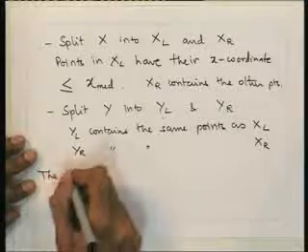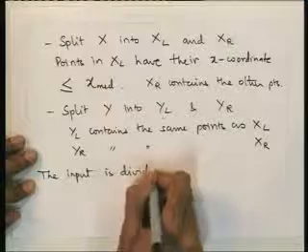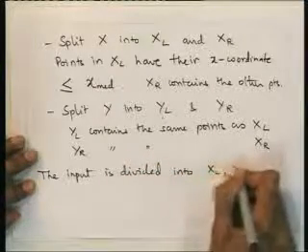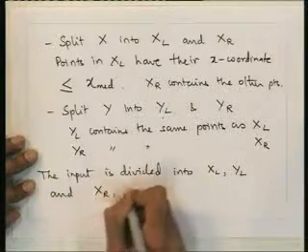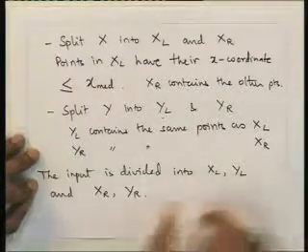Okay. The next step is the recurse step. So let's write that. The input is divided into two parts, XL, YL and XR, YR. These are the same set of points.